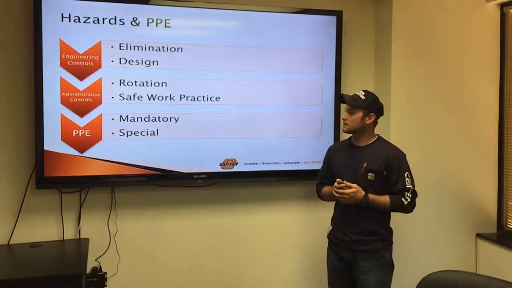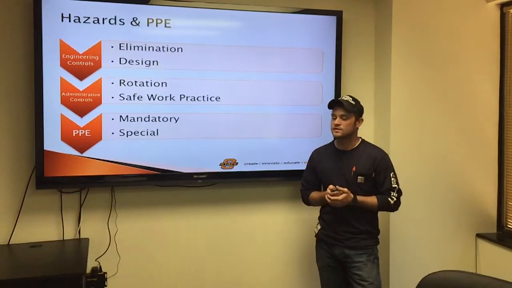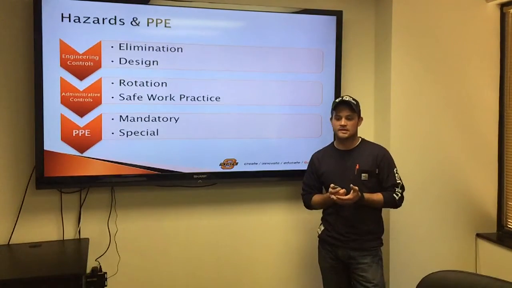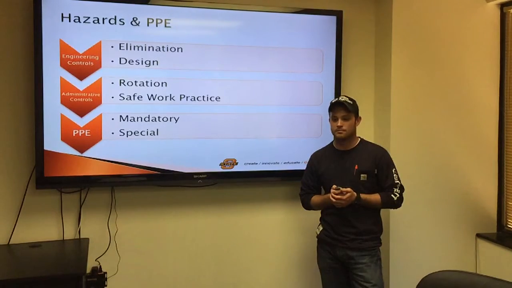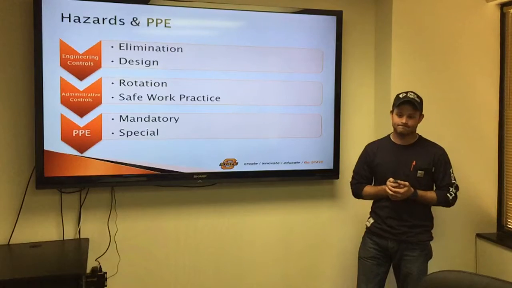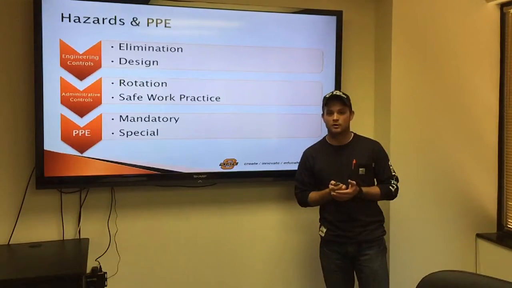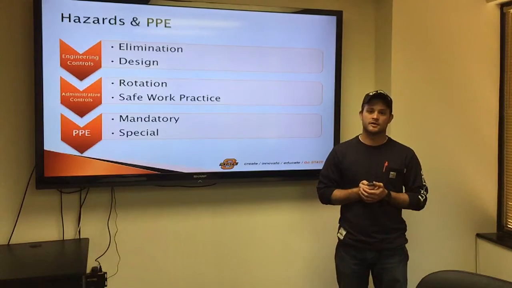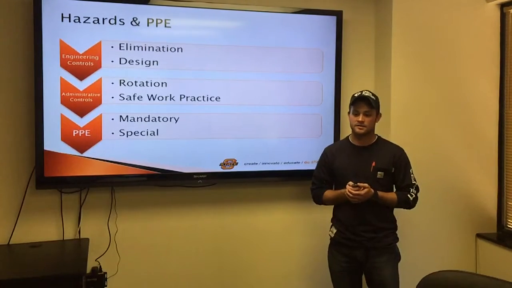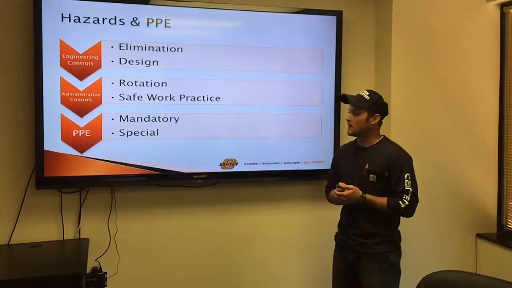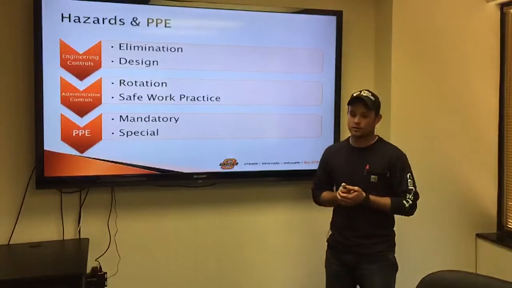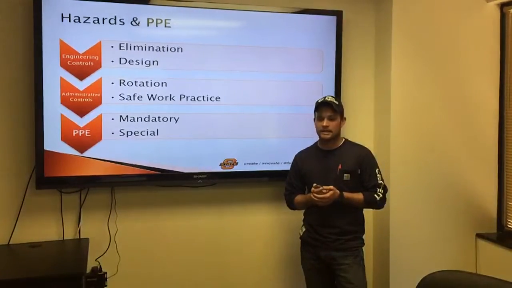The next step is administrative controls, and OSHA says it's a rotation of workers, breaks, stuff like that, but many consider safe work practice as administrative controls, and those need to be tailored to the company's specific hazards depending on their industry. And then finally, once you do that, you get into PPE.